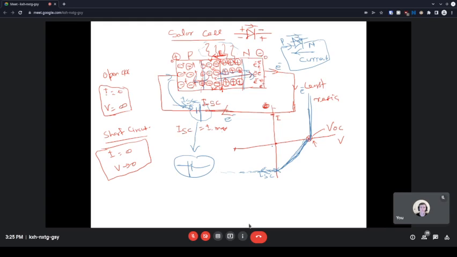Up to here is it okay? If it is okay, then I have to move ahead. Does anyone have any doubt? If not, then this is the case.